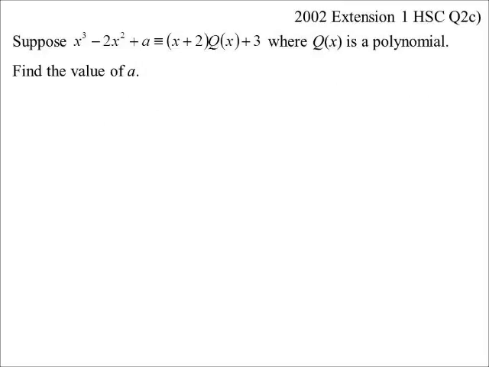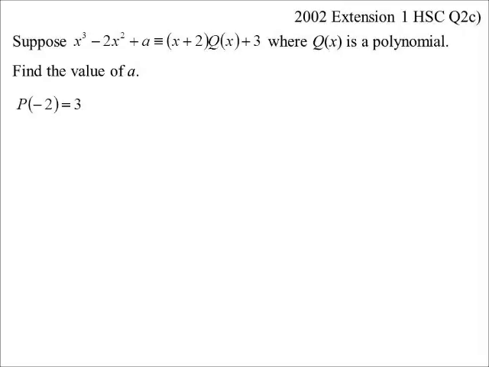2002 paper. Suppose that this cubic is equal to x plus 2 times some polynomial plus 3. Find the value of a. Using a clever substitution, we should be able to find a. What shall we substitute in? Negative 2 would be the logical thing, because then on the right hand side we get 0, and so it doesn't matter what the quotient is, and we can get it straight away.